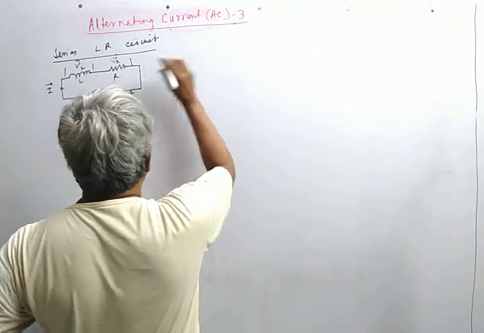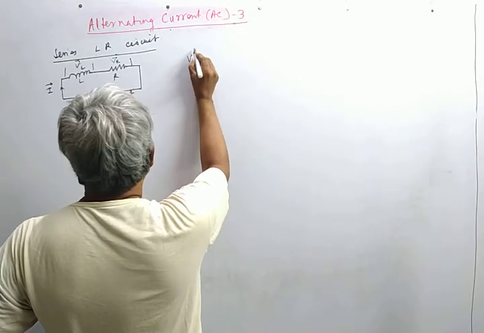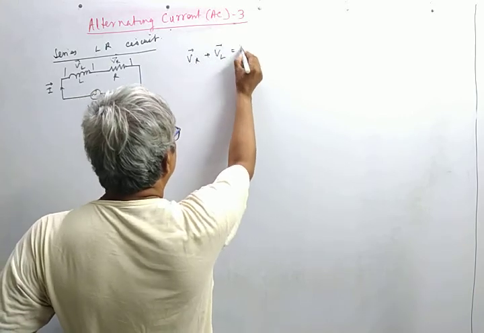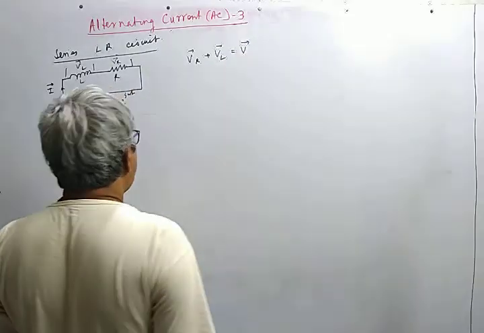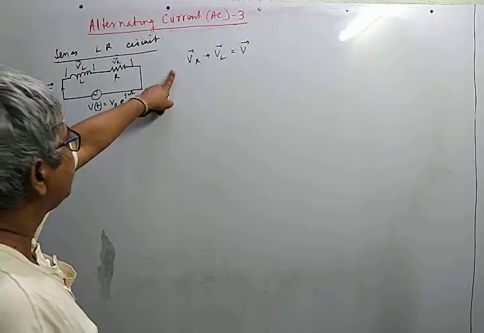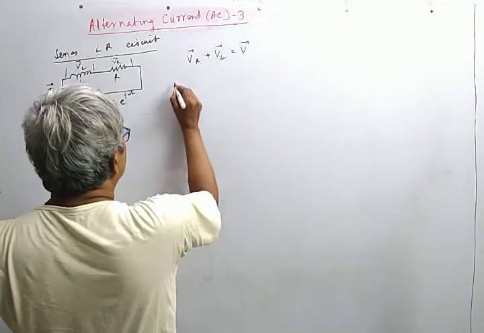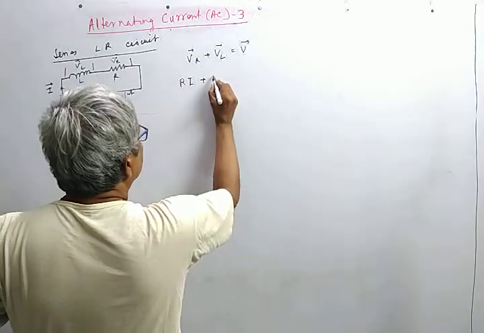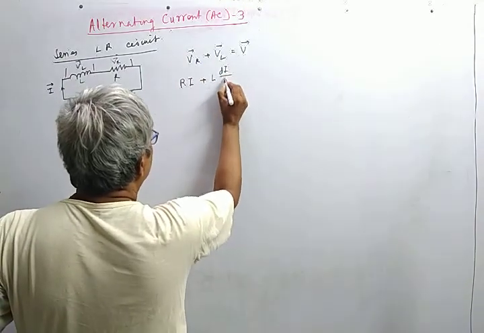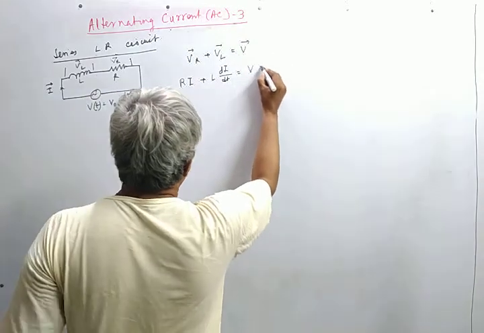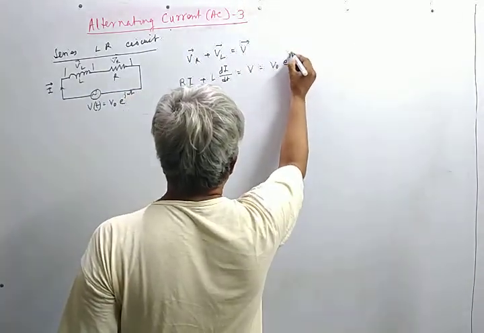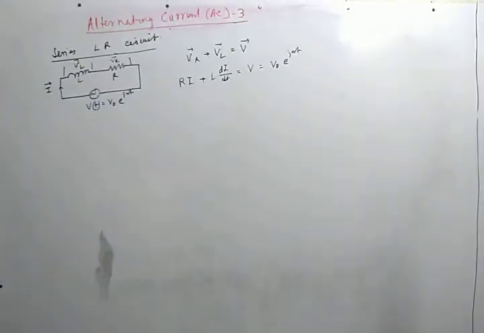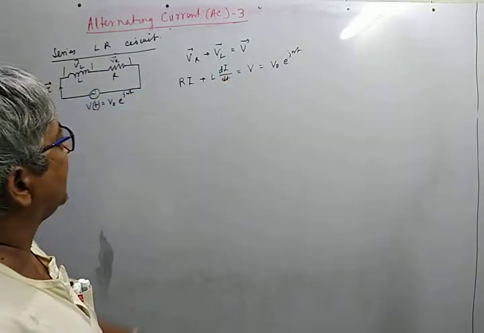Kirchhoff's voltage law applied to this AC circuit becomes VR plus VL is equal to the applied voltage V. Now, if we write it in terms of its magnitude, this becomes R into I, and this becomes L di/dt is equal to V is equal to V0 e to the power j omega t. Since it is a series circuit, the same current I flows through both the elements, so we have written I.